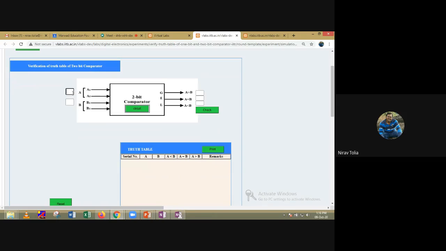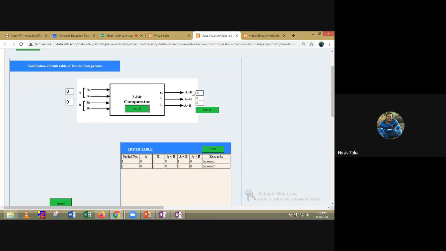So suppose you are writing here A0, B0. It's the same. Suppose A less than B, you are writing 0, A equal to B, you are writing 1, and A greater than B, you are writing 0. Click on check, it shows you are incorrect. Let's take all zeros, then also it's incorrect.